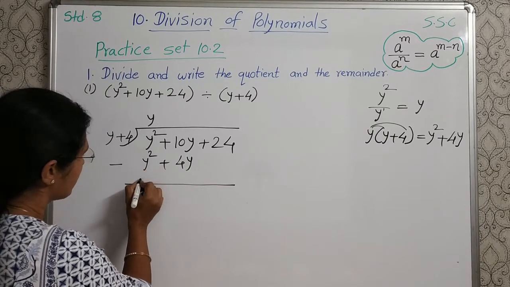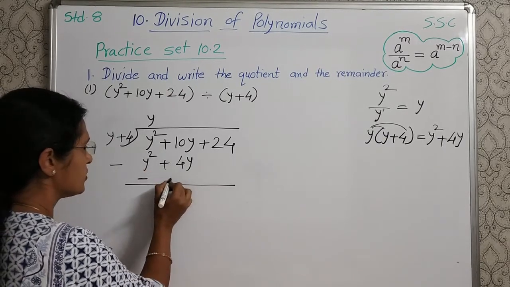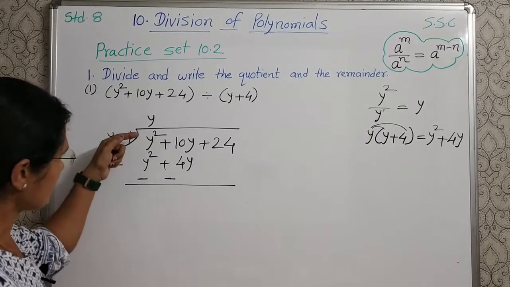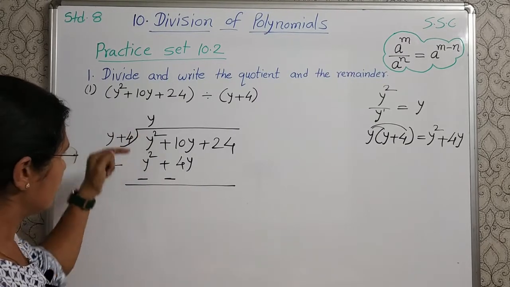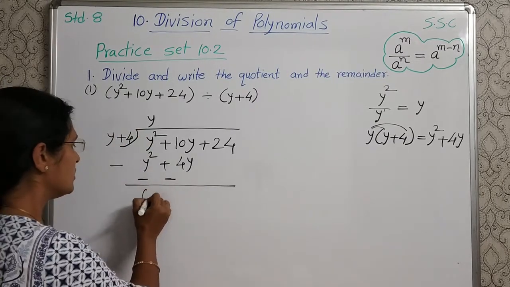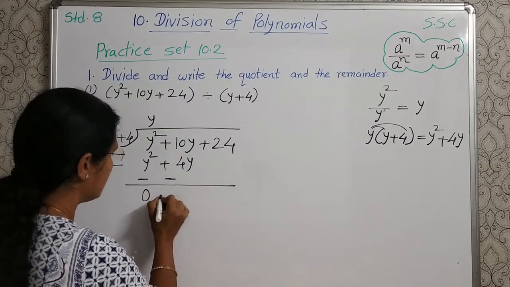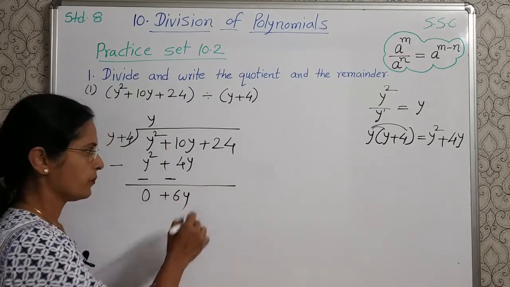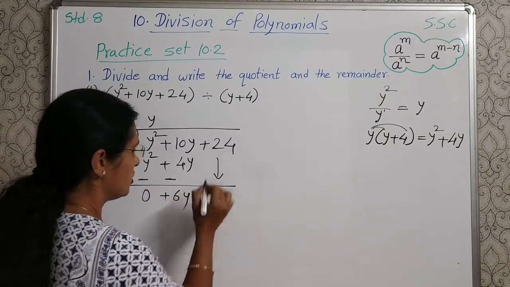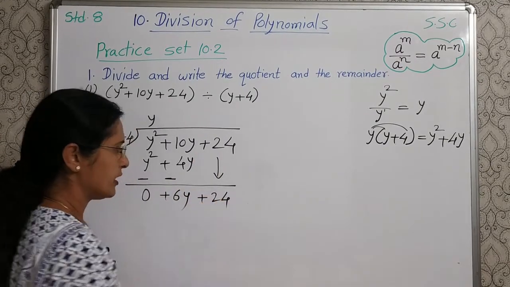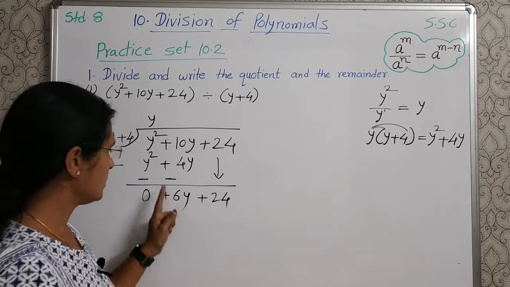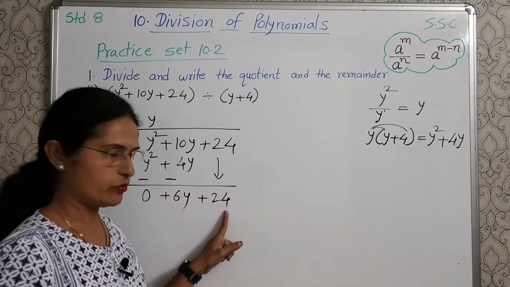Here it is plus y square, it will become minus. This plus will become minus. Now y square minus y square is 0. Plus 10y minus 4y is plus 6y. And this plus 24 we will take down. Now the remainder is 6y plus 24.